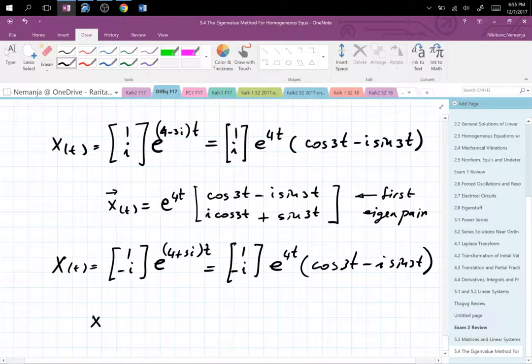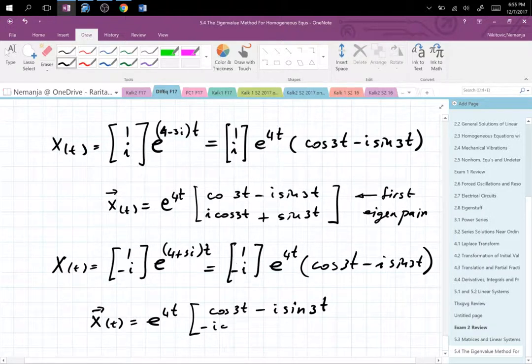So now we have the solution here for x of t, which is equal to e to the 4t. And then when you multiply here, you get cosine 3t minus i sine 3t times negative i. So that's negative i cosine 3t, and then negative i times negative i is i squared, so this is a negative sine 3t here.